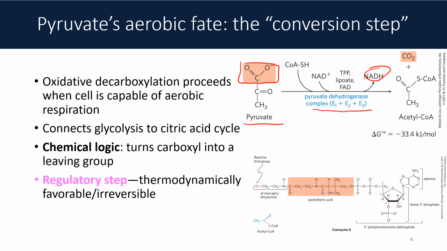We will be eliminating that CO2, which is a great leaving group. And that will facilitate the inclusion of coenzyme A, which when we merge with pyruvate will obtain acetyl-CoA. That's one of our special energy currencies of the cell. It's a 2-carbon carrier, shown over there.